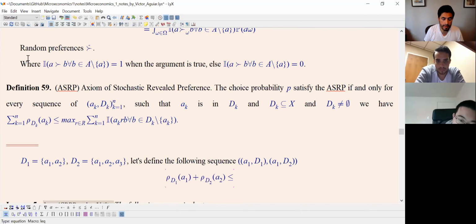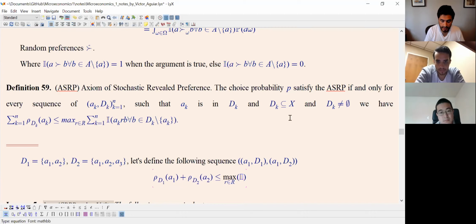Okay? And this is less than or equal to this thing here, which is the max over the possible rankings. Actually, here there are 6 rankings. And here you have the summation. I'm going to put a big parenthesis here.